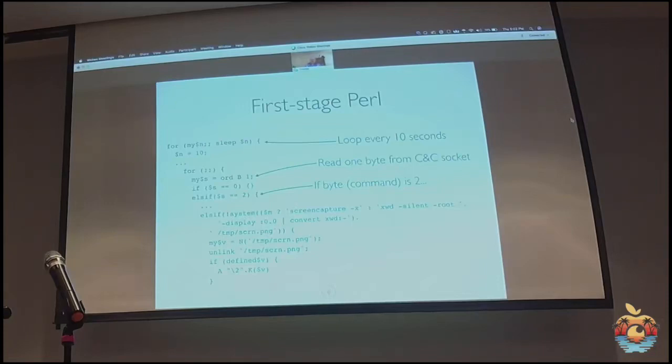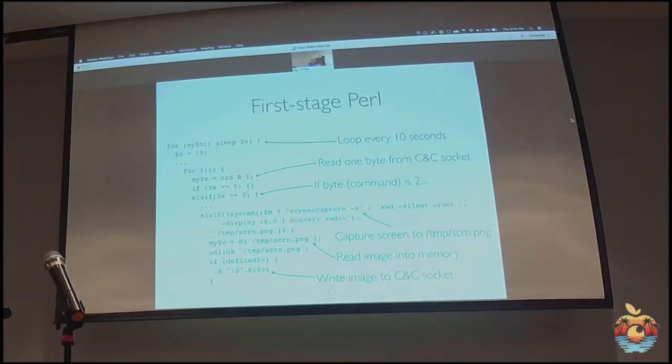And so it would use just standard macOS pre-installed commands. We use the screen capture command to capture the screen to a temporary folder. It would then read that image right into memory, and finally it would write that image out to a socket, sending it back up to the command and control server.